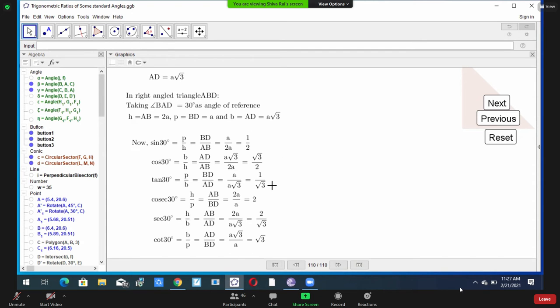Later on, in the next class, I'll give you how to remember these formulas also. If you apply that idea, you will get all this, not only for 30 degree, but for 0 degree, 45 degree, 60 degree, 90 degree, for all of them. But it takes time, so you need to do more and more practice.